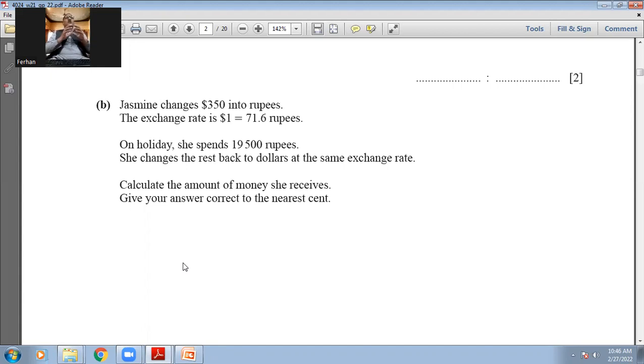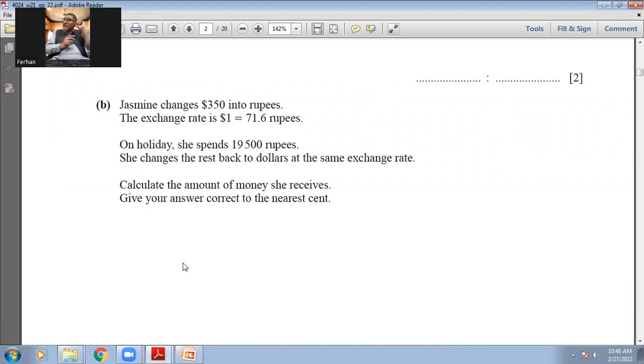Okay, so this is a question on foreign exchange. So you write dollar and then you write rupees. $1 equals 71.6 rupees. So $350, and under the rupees put X. This is the proportion method. You can use it and you will find how much rupees she gets.